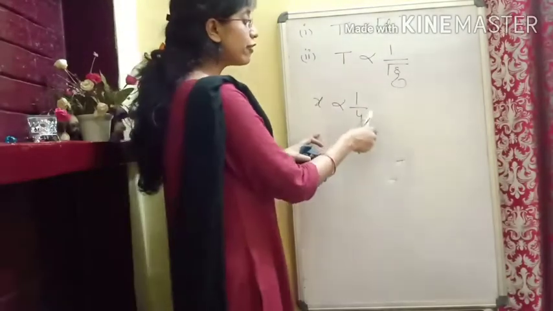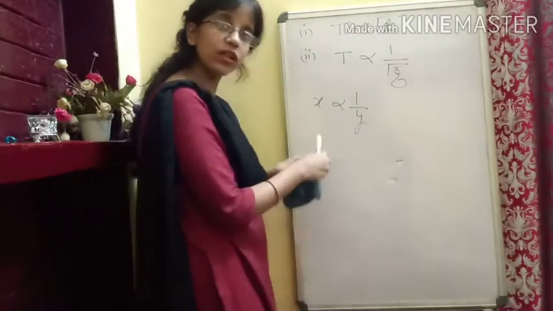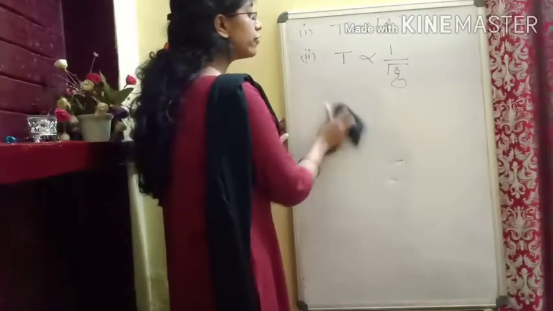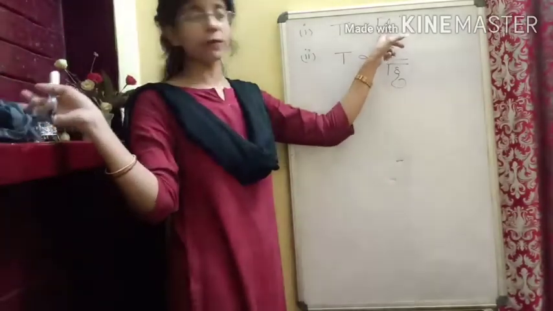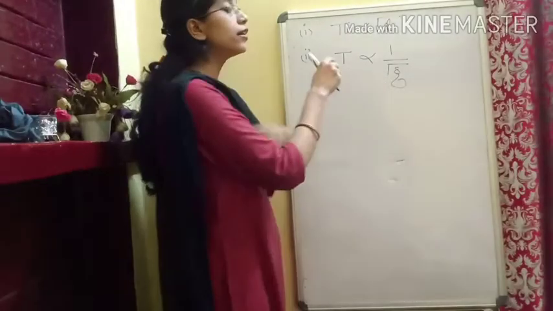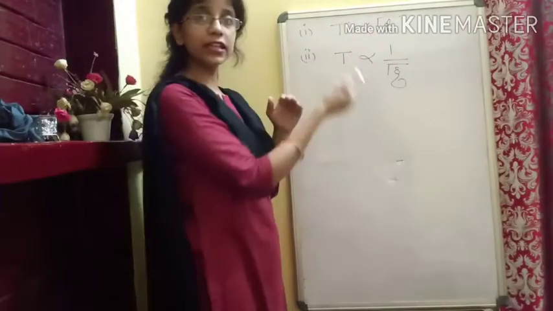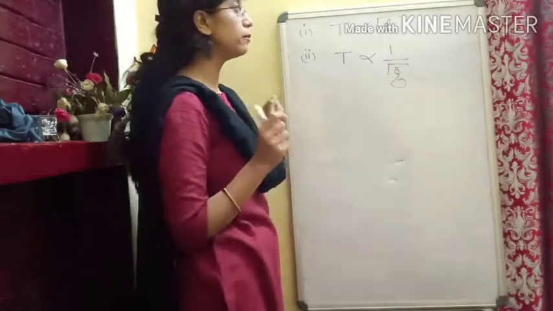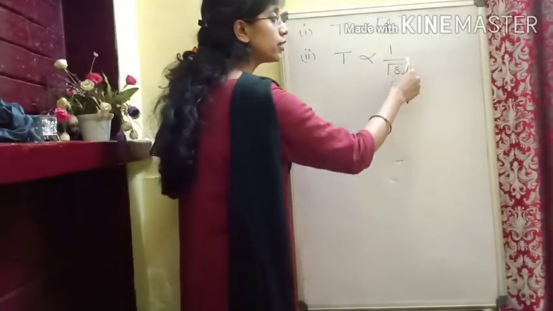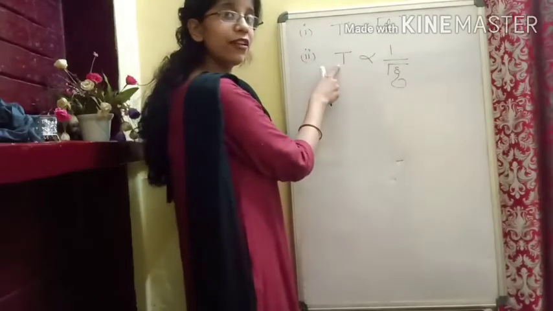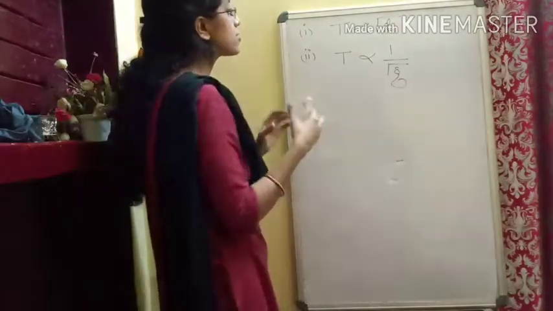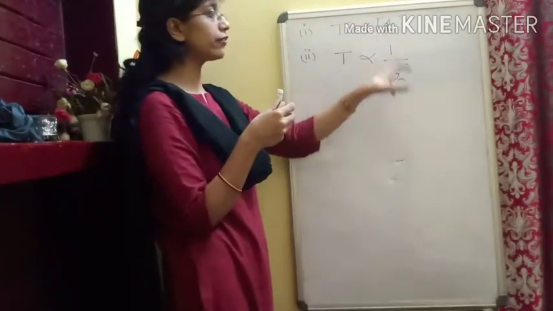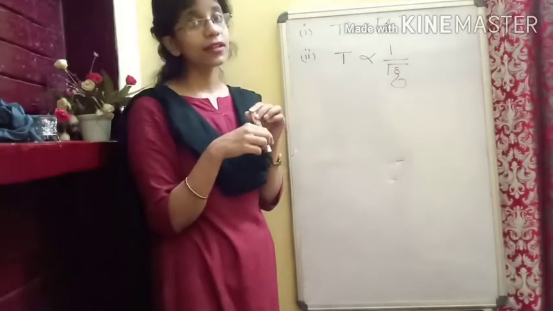This means when y increases, x will decrease. So in the first case they are directly proportional, but in the second case they are inversely proportional, meaning that if g increases, T will decrease. That's how T depends on the effective length and on gravity.